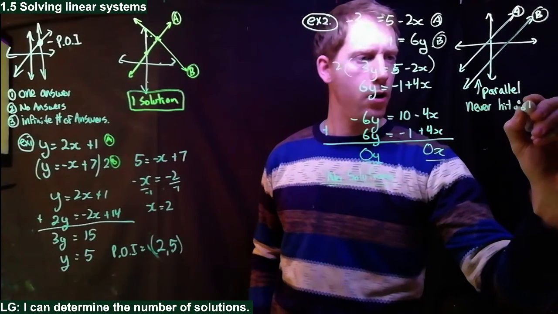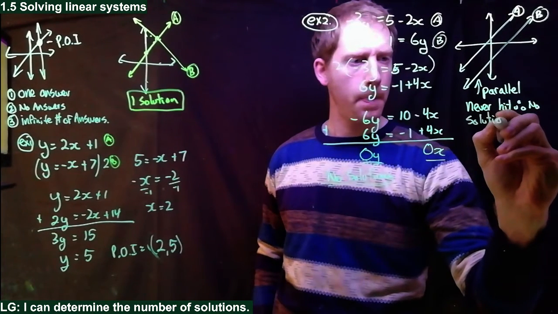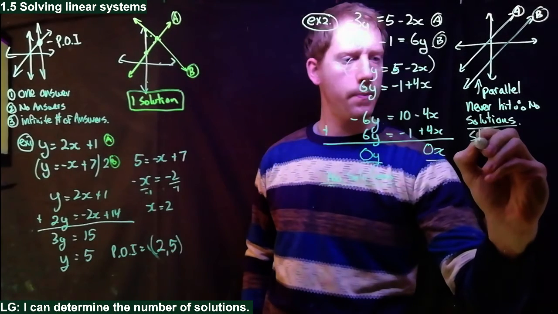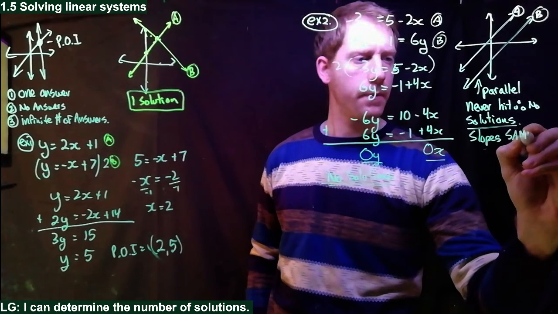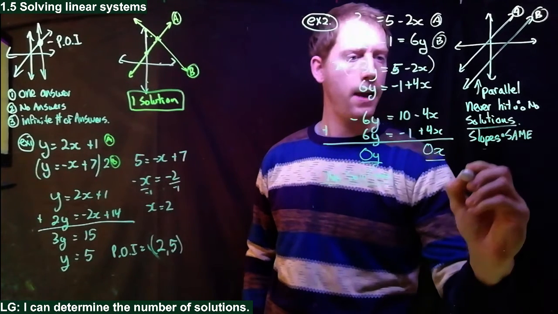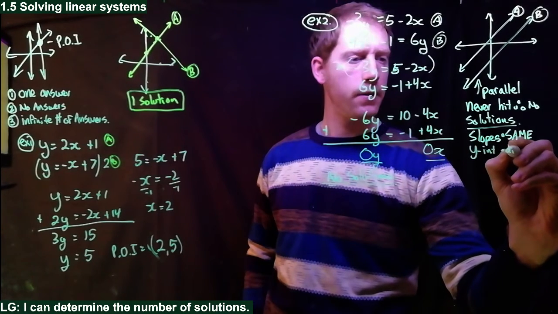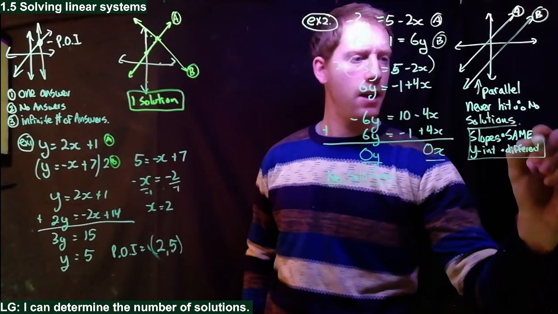Therefore, no solutions. The characteristics of this are the slopes are the same, okay? The y-intercepts are different. This is the key information here.